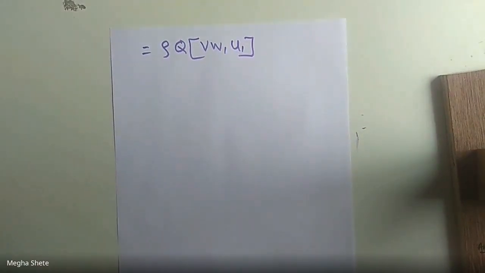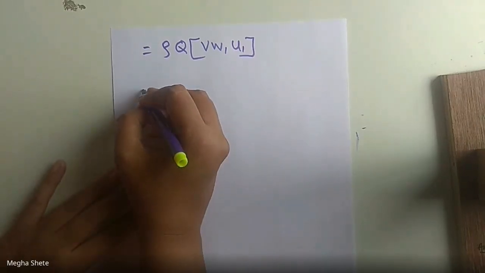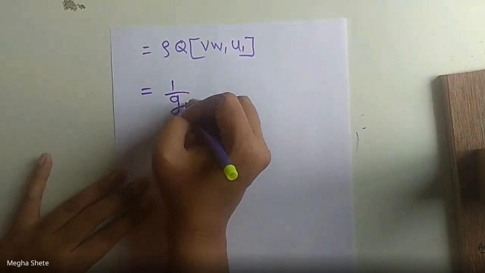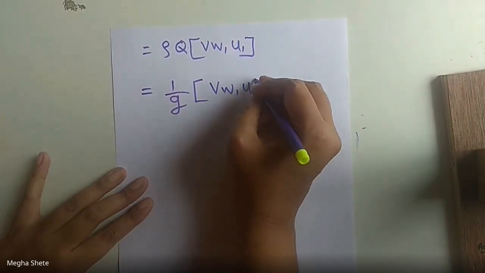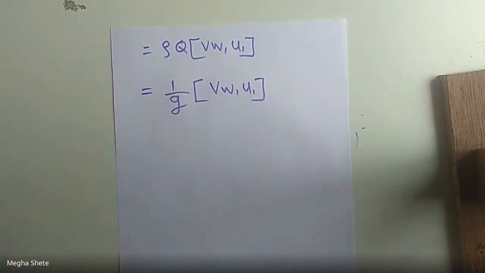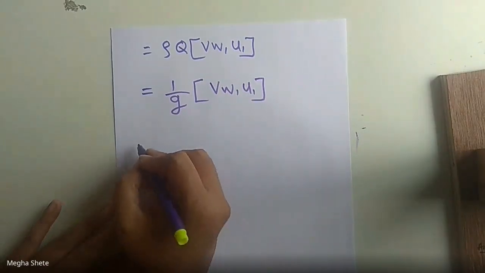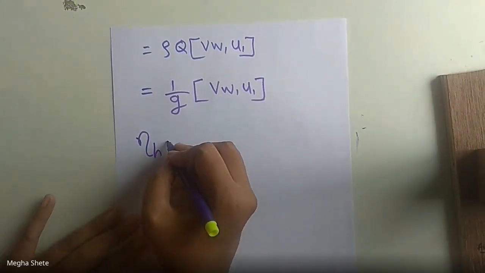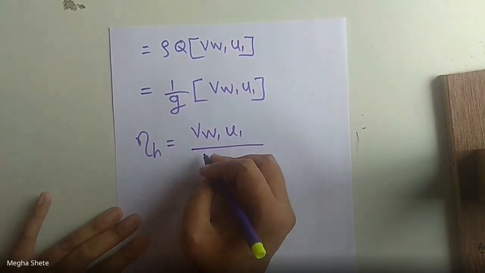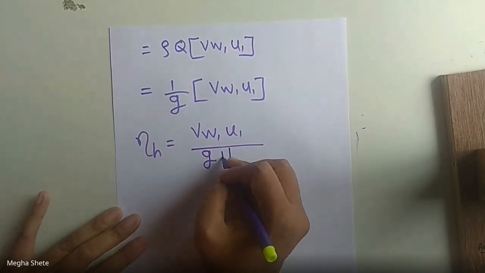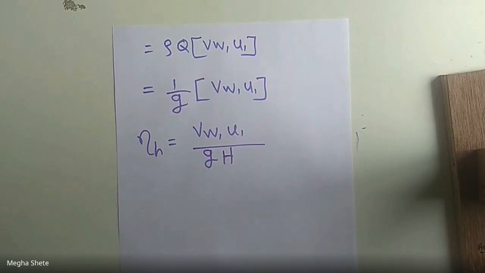Work done per second per unit weight of the water striking will be equal to 1 divided by G into VW1 U1, and the hydraulic efficiency will be given by VW1 U1 divided by G into capital H.